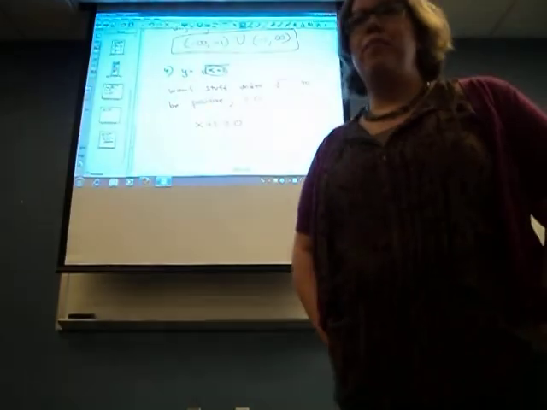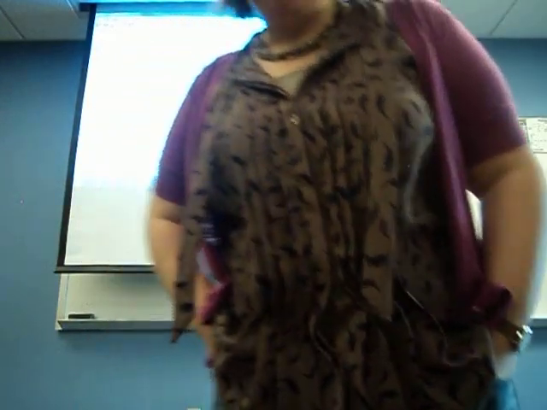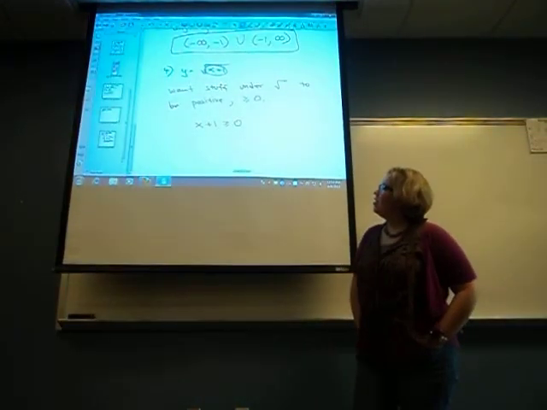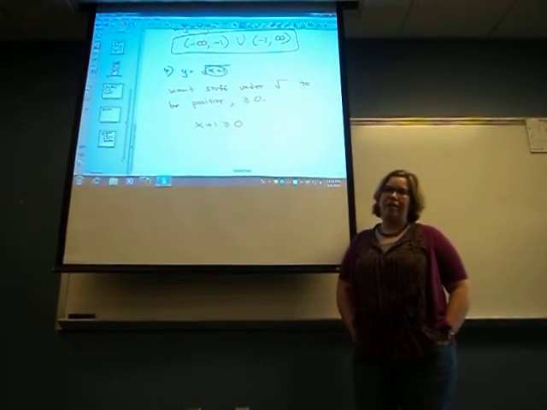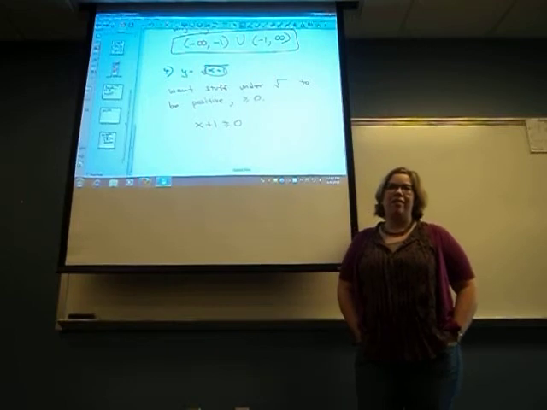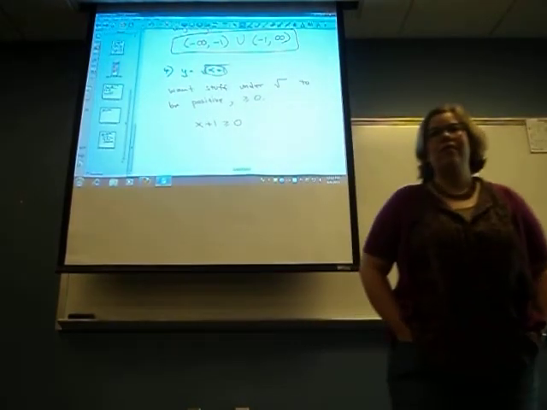It's not negative. Positive's not really the right word there. It's really positive or 0. It's really the function there with the square root. It's really that you don't want it to be negative, not so much that you want it to be positive.